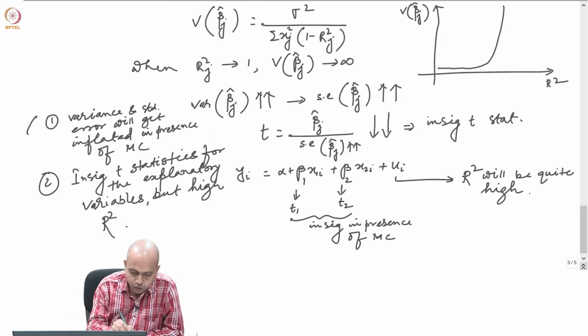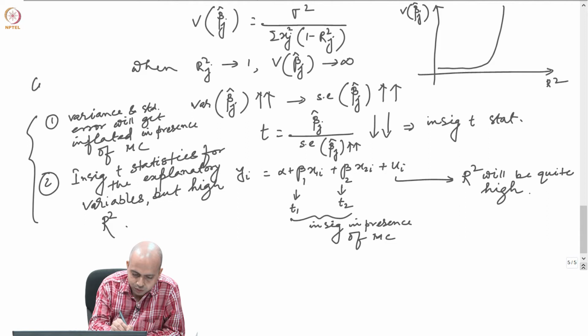So, these are the two consequences of multicollinearity.